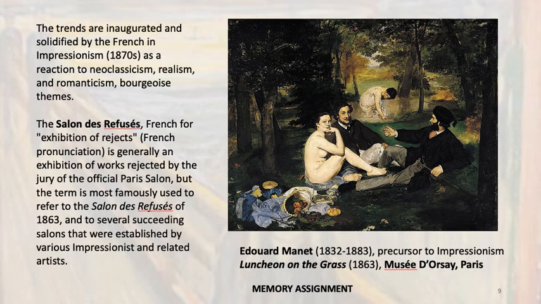But it goes back to this original work by Édouard Manet, in 1863, called The Luncheon on the Grass, which is now at the Musée d'Orsay in Paris. And I'm just flipping through a book to get to a Manet description. The book is called Dictionary of Art and Artists in the Penguin Library.